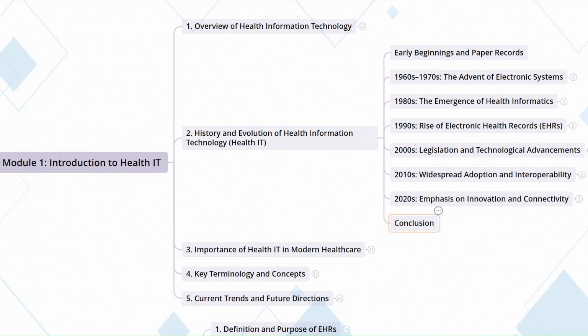In conclusion, the evolution of health IT is a story of technological ingenuity and an ongoing commitment to improving healthcare delivery. From its early days of paper documentation to today's sophisticated digital systems, health IT has transformed how healthcare information is managed, shared, and utilized, ultimately advancing patient care and health outcomes.